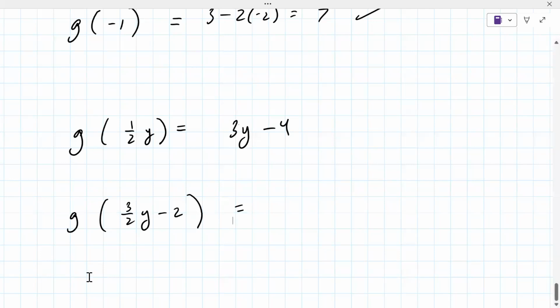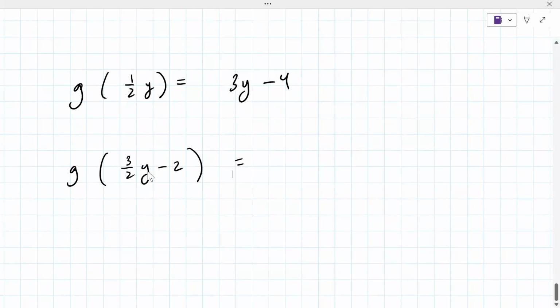If 1/2 y minus 2, it's just a number. The answer is just a single number, -1. Okay, so what is the value of y?